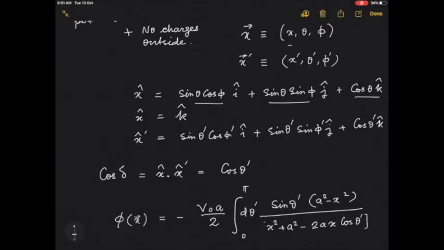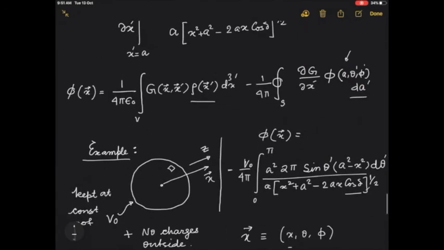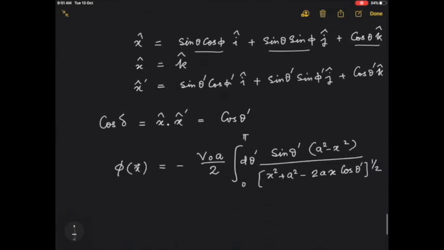This is not x prime. I think that is the integral. Okay. So please verify. Please check.